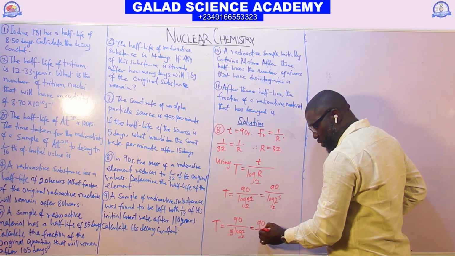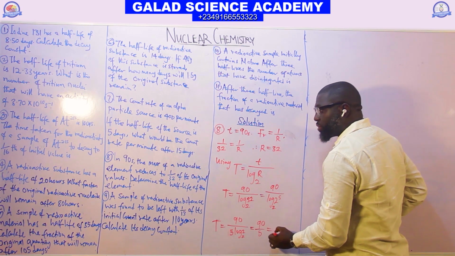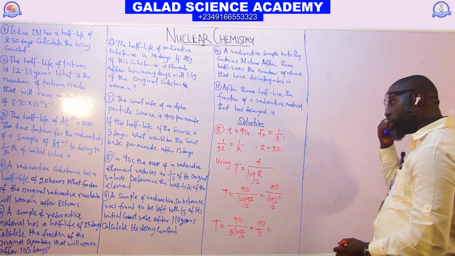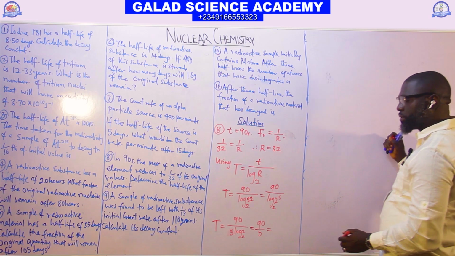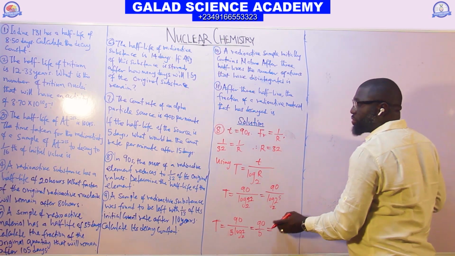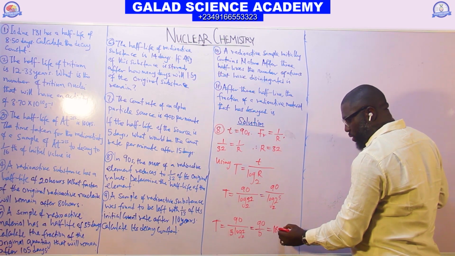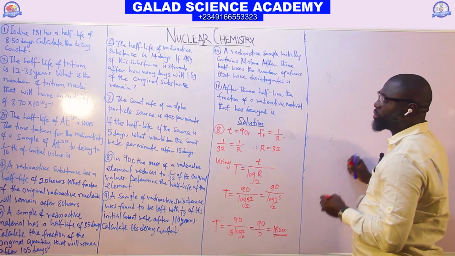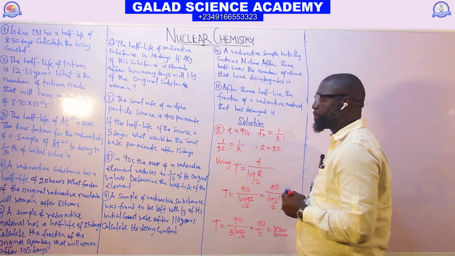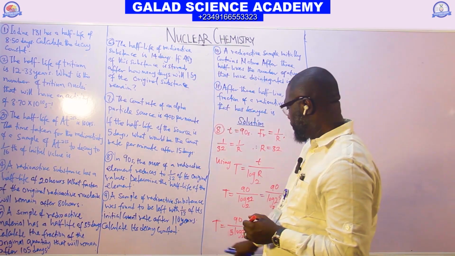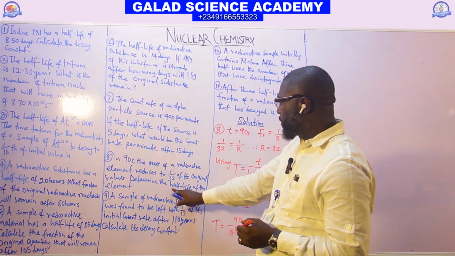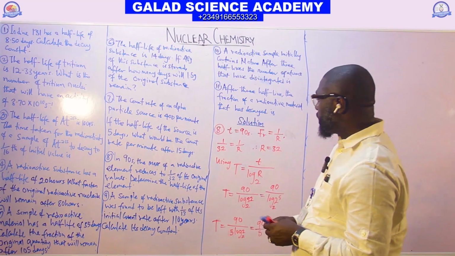You have 90 over 5. At the end of the day, how many 5 do we have in 90? That will be 18. We have 18 seconds. So that is the half-life of 18 seconds. The next one is question number 9.